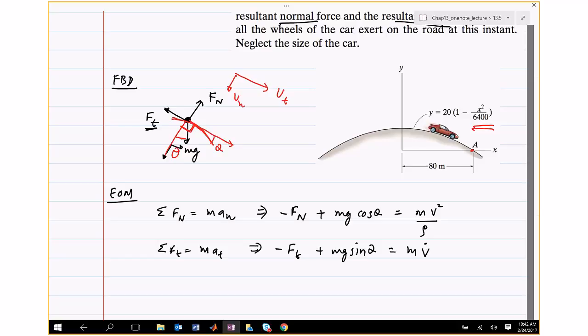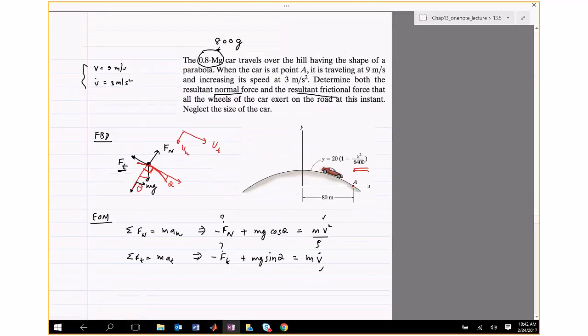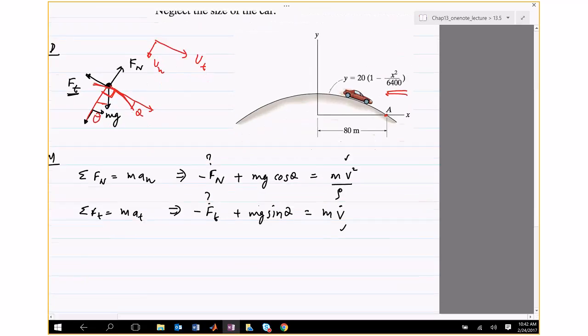Okay, so I need to find Fn and Ft. If I want to find Fn and Ft, I better know all other things. So I'm given v dot, I wrote it down right here. I'm given the mass. I need to find theta and rho, and then I'm done.